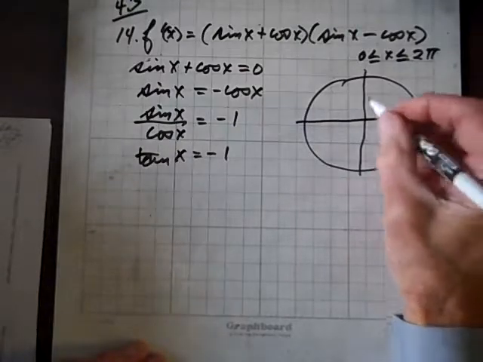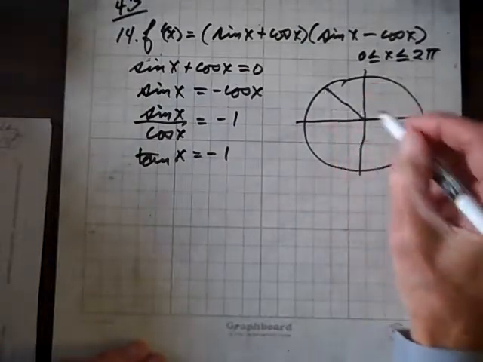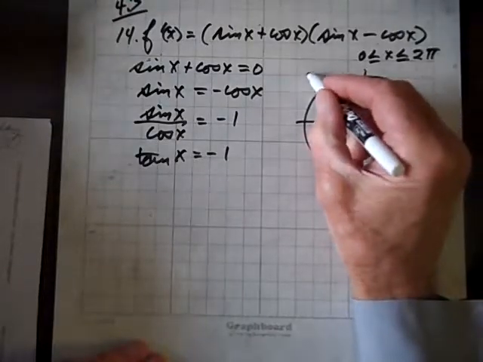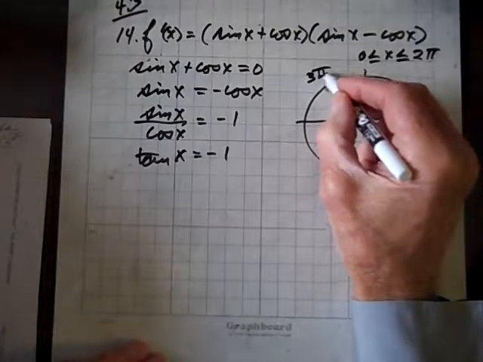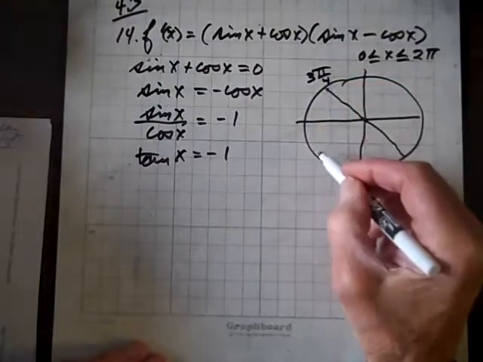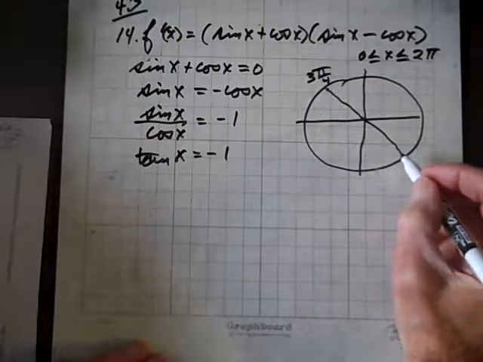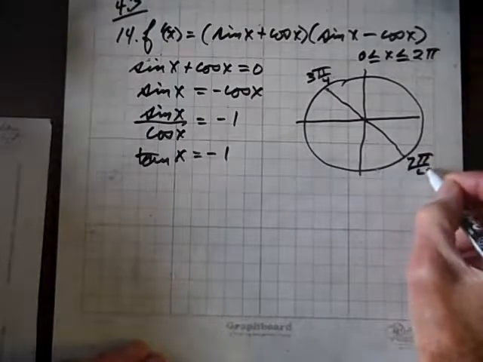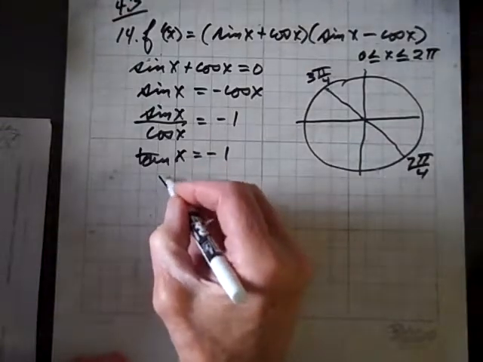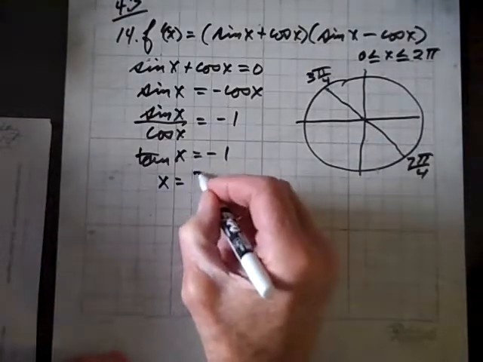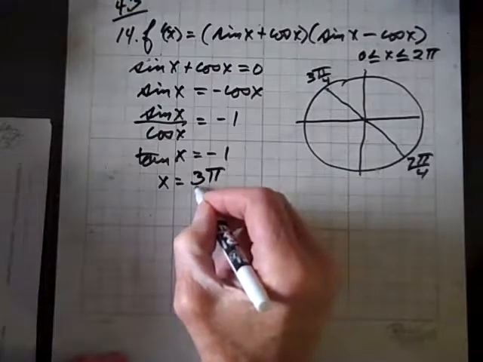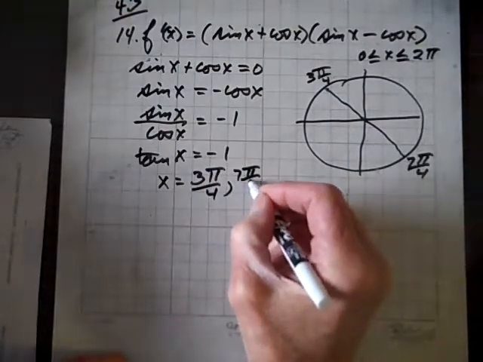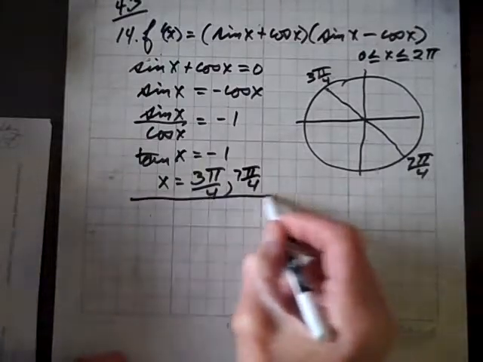Tangent of x is negative in this quadrant, and it's negative in this quadrant, and it's going to be a multiple of pi over 4, so this is 3 pi over 4, 7 pi over 4. So x equals 3 pi over 4, or 7 pi over 4. So there we've done part of it.